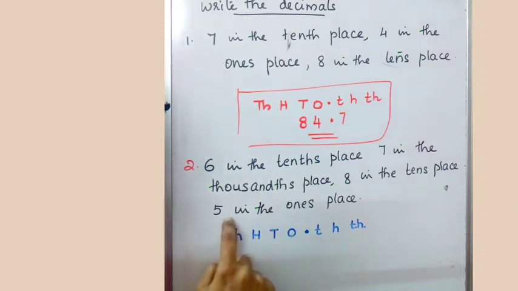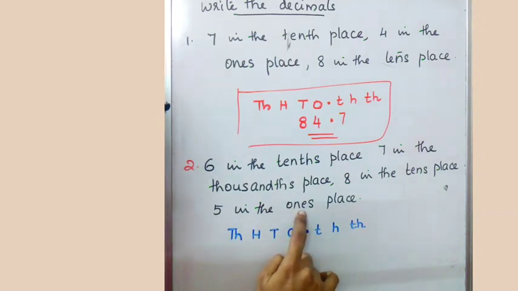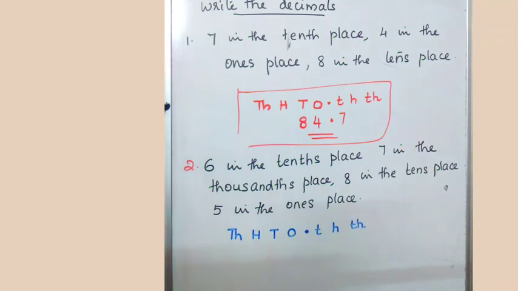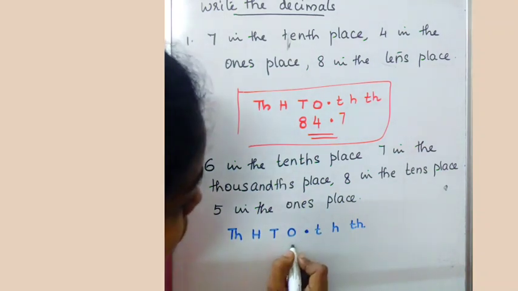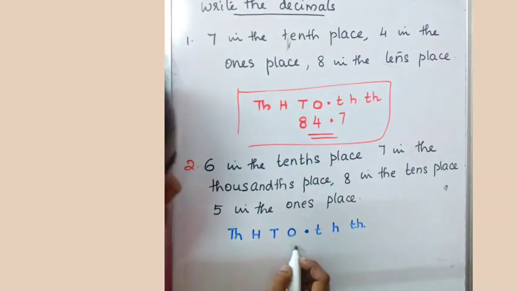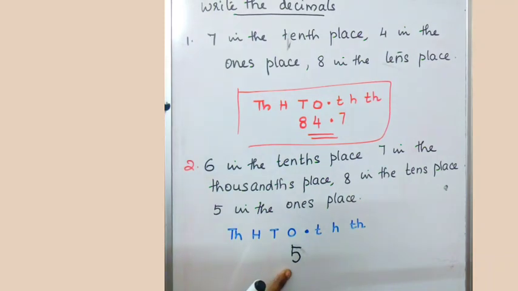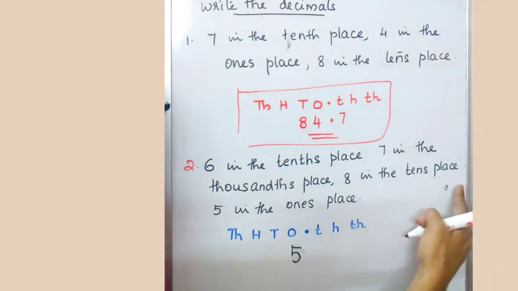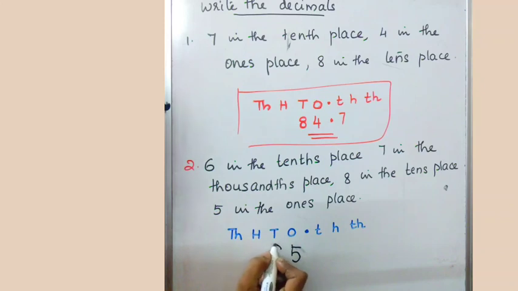Look here, ones place, we know this, 5 in the ones place. So we write 5 here. Then 8 in the tens place.